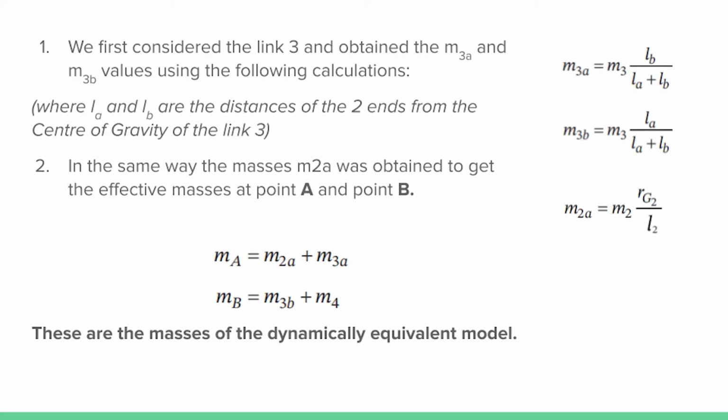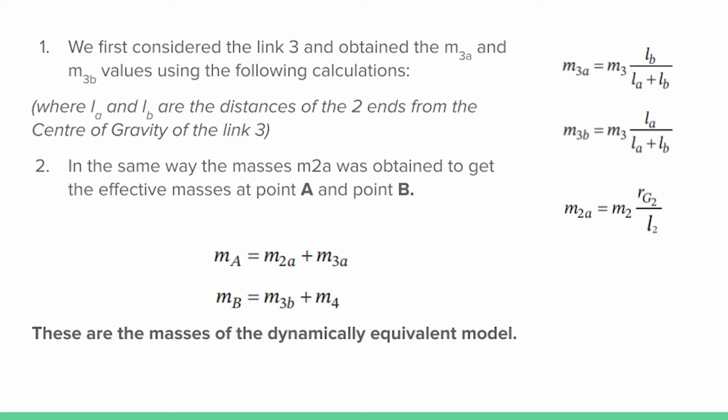So now, coming to our approach of calculation of masses of the dynamically equivalent model, we initially consider the link 3 and obtain the mass M3A and M3B using the following calculation: M3A must be M3 multiplied by LB divided by the sum of LA and LB, where LA and LB represent the distance of two ends from the center of gravity of the link 3.